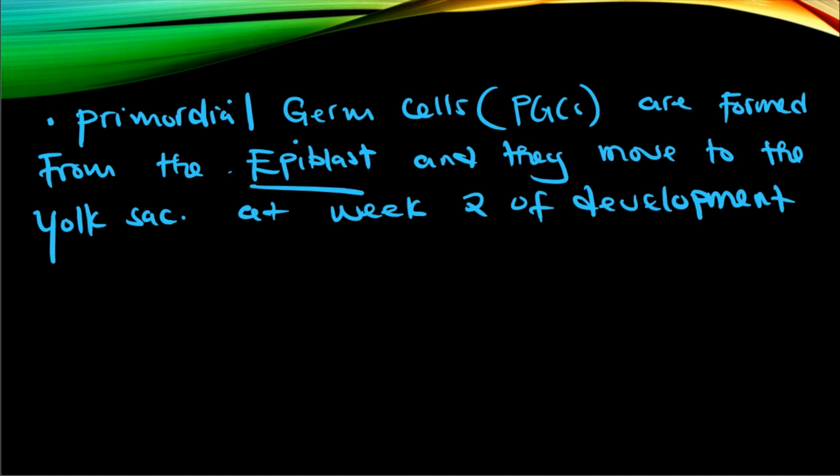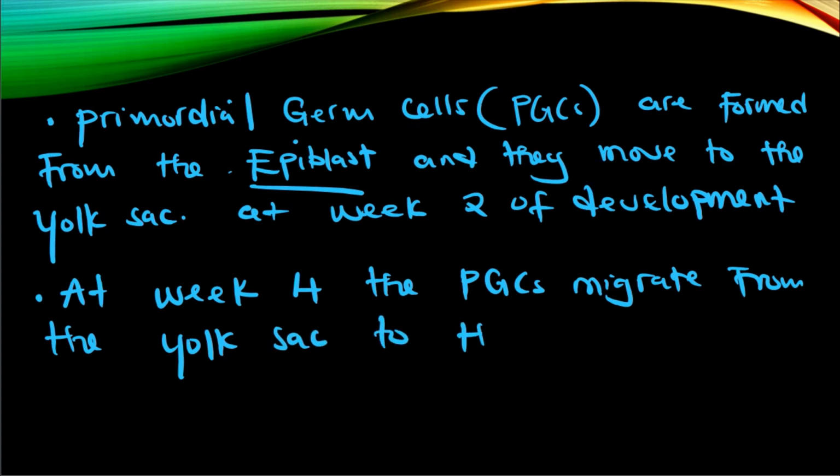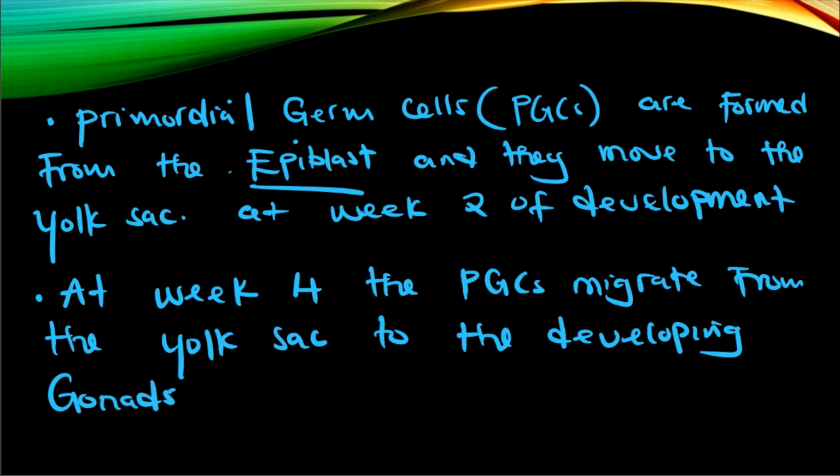And then at week 4, the primordial germ cells, the PGCs, start to migrate from the yolk sac to the developing gonads.